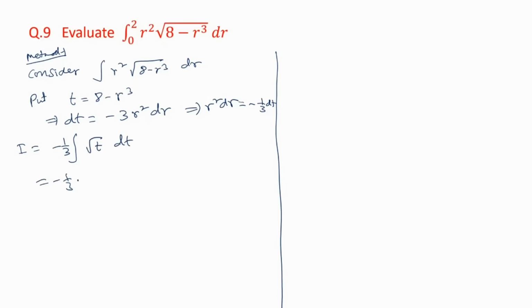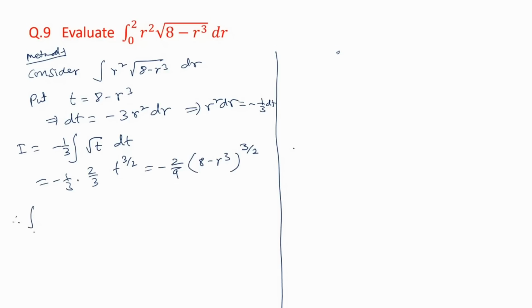So this is minus 1 over 3 and 2 over 3 t to the power 3 over 2. We are neglecting c because it's a definite integration. So this is equal to minus 2 over 9 times (8 minus r to the power 3) to the power 3 over 2.